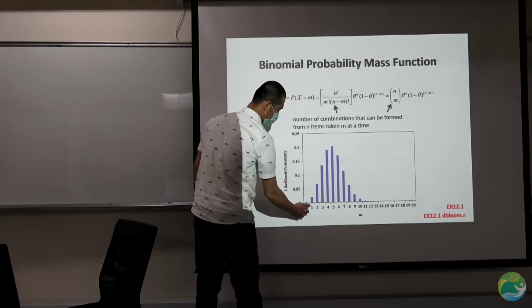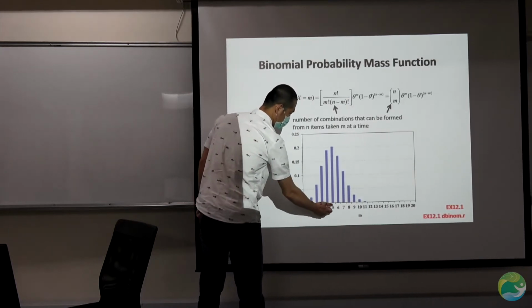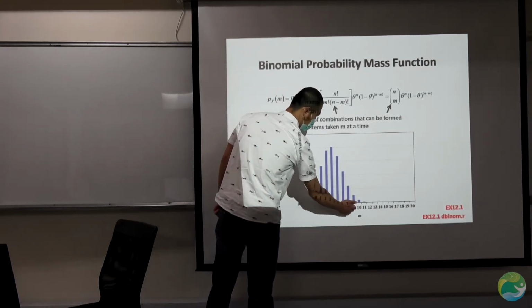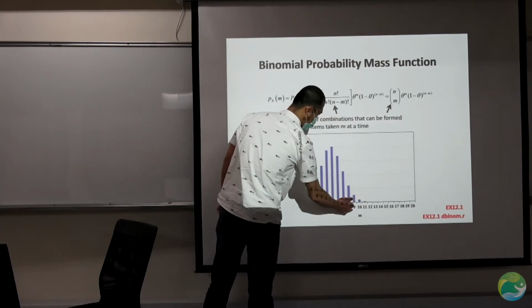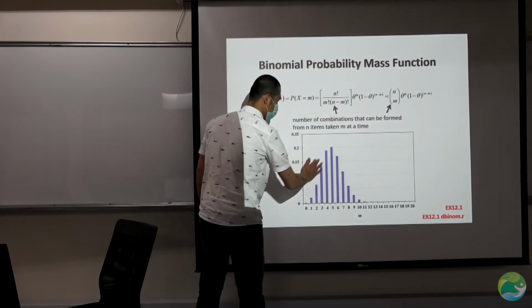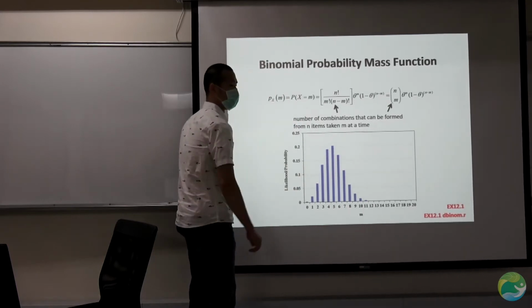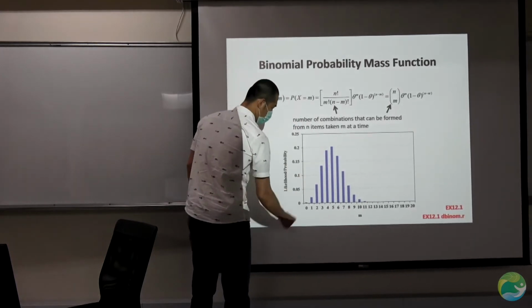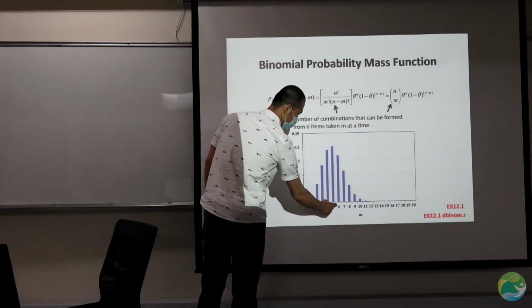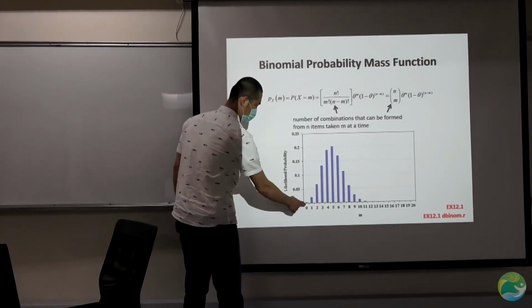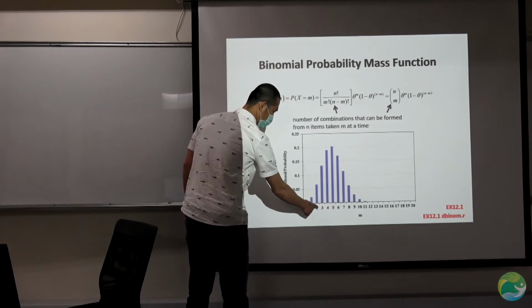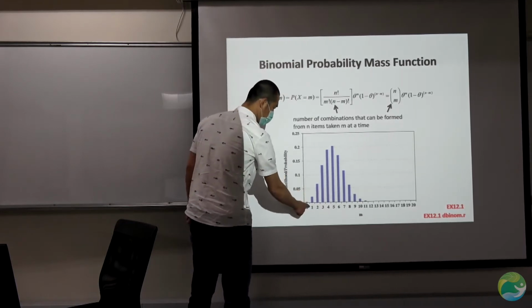You have success 0 times, 1 time, 5 times, okay? And with many times, the probability becomes lower. So it forms a discrete probability distribution. Each outcome is a discrete label, right? 0, 1, 2, 3. You can also call it A, B, C, D.